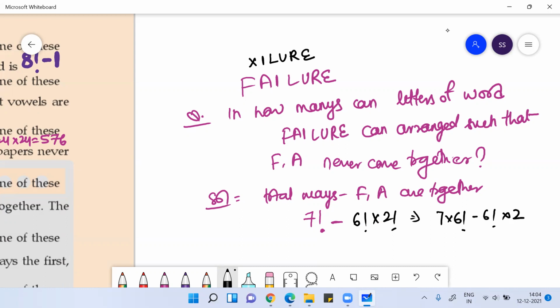If you take 6 factorial common, you are left with 7 minus 2, which is 5. So 6 factorial into 5. Are you getting this?